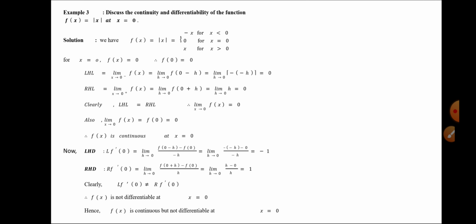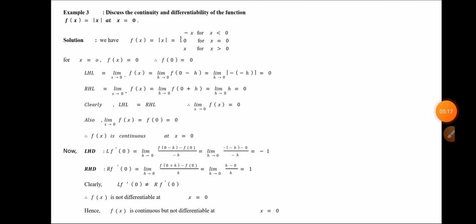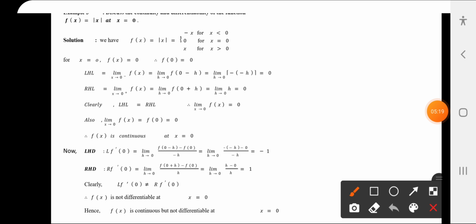Discuss the continuity and differentiability of the function f of x equal to modulus of x at x equal to 0. You observe that the left hand derivative is minus 1 and the right hand derivative is 1.